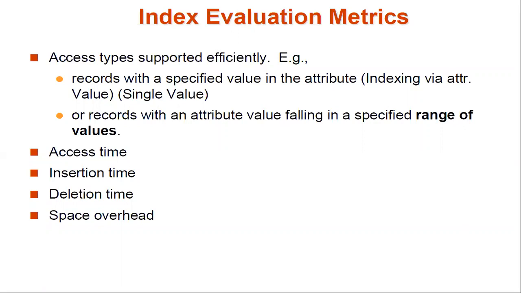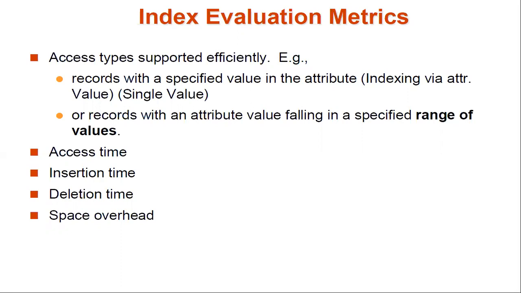Then space overhead, that is how much space is occupied by your index file. Generally your index file will occupy very little space compared to your original records. But if your original record file is very huge in size, then obviously the index file size will also increase. So how much space is required to save your index file?